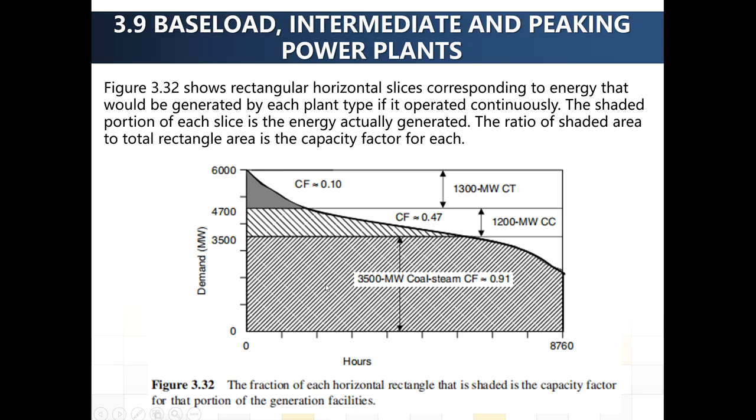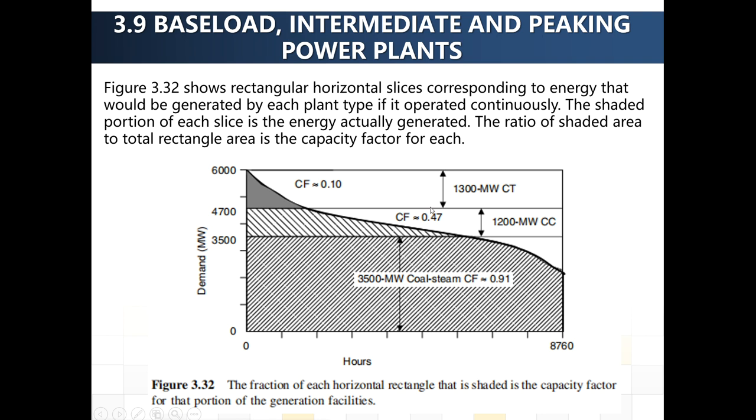Based on this amount of energy to be generated, and this is the full area, the rated power energy, the ratio between the annual power generation and the annual rated power generation is the capacity factor.